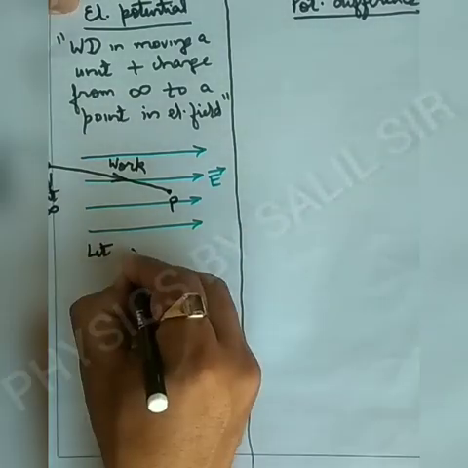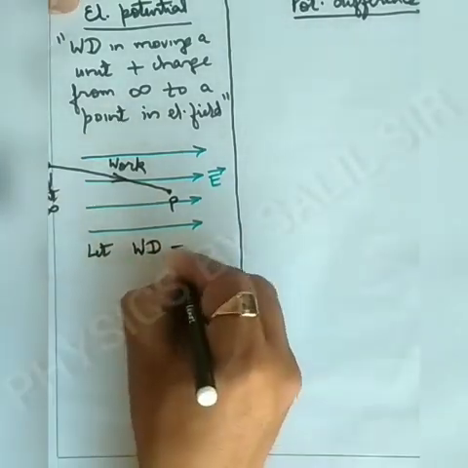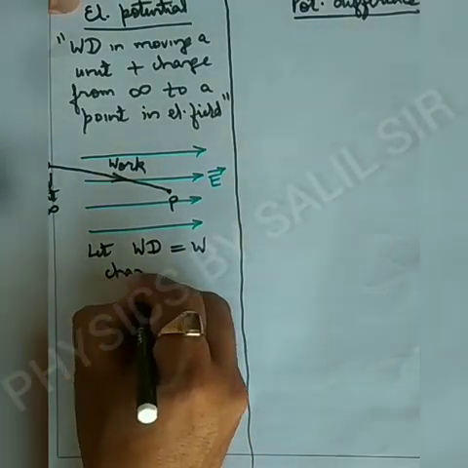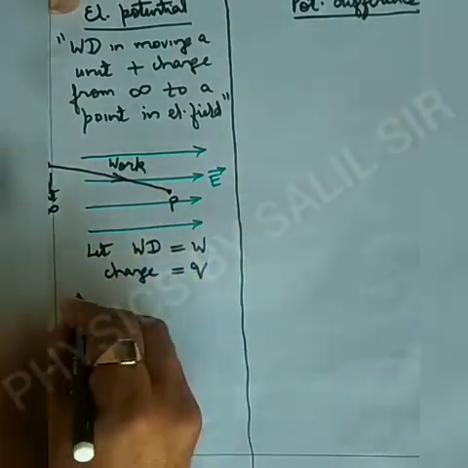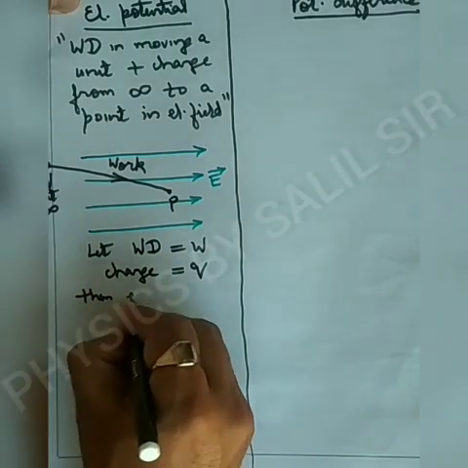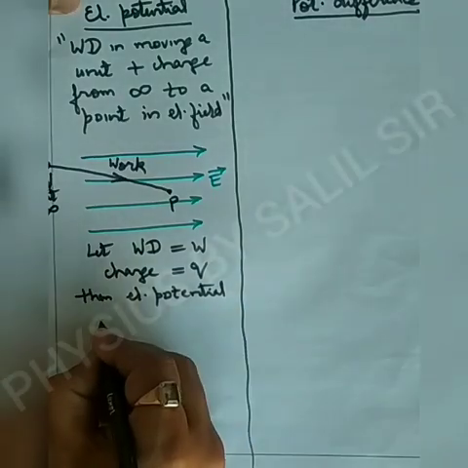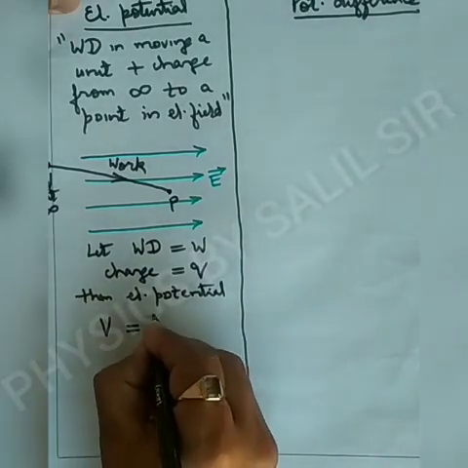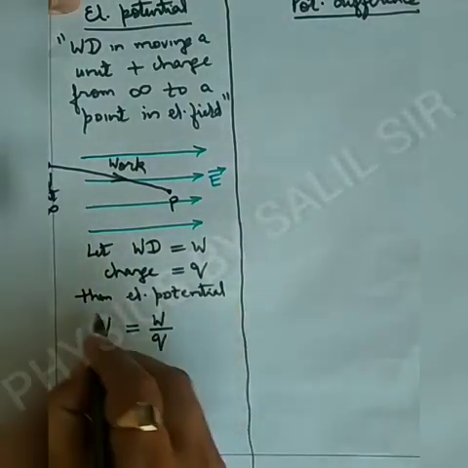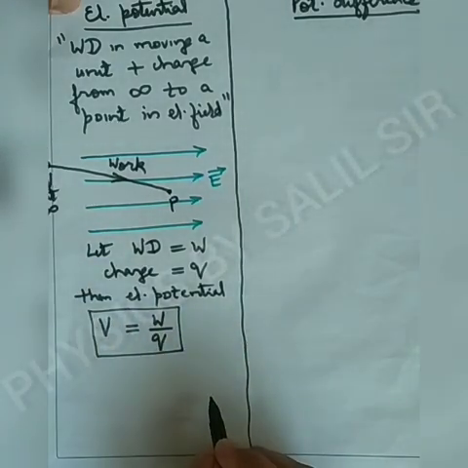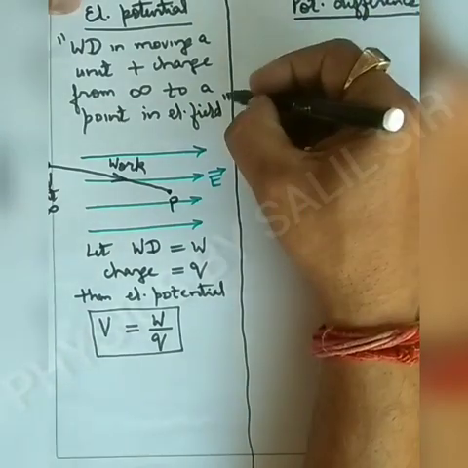Let this work done be represented by capital W and the charge is Q. Then electric potential, represented by V, is equal to W upon Q. Based on this formula, the definition is derived.